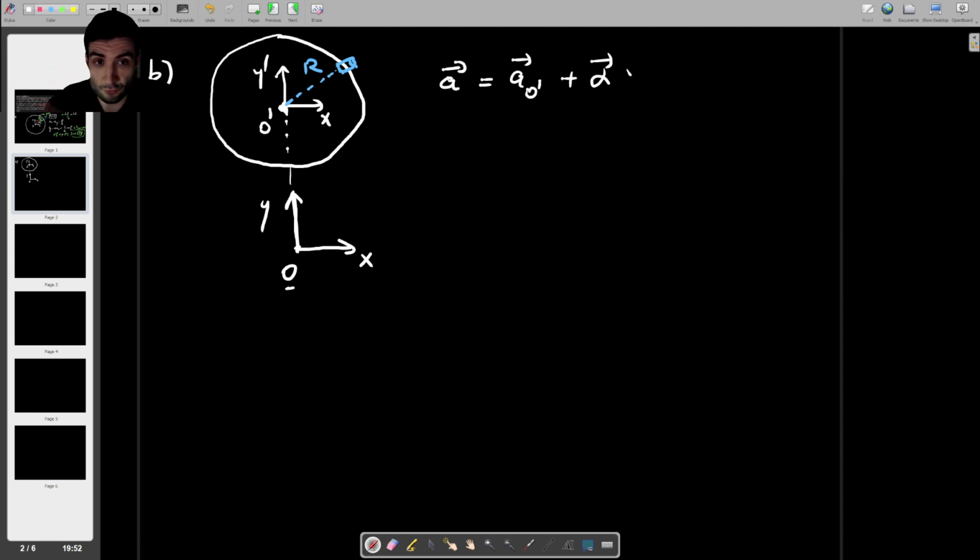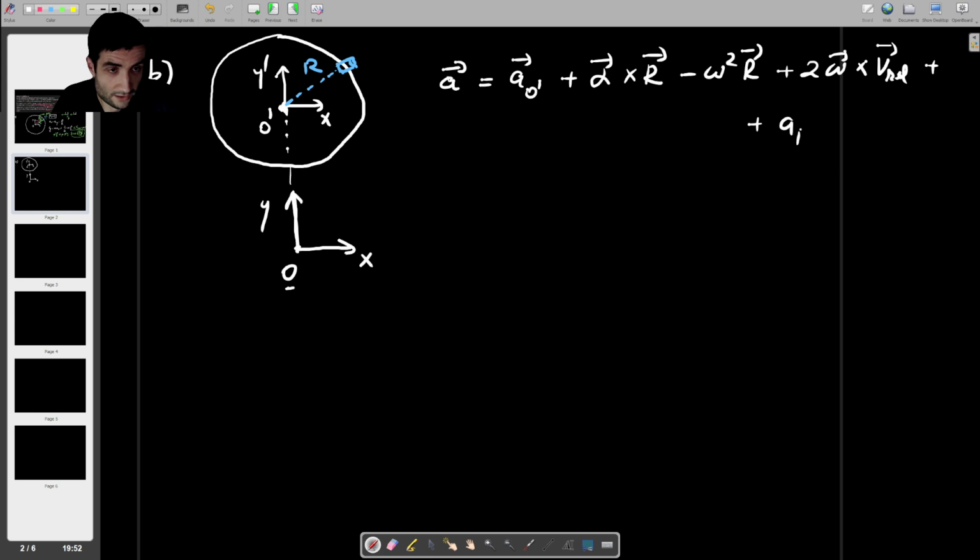So I'm going to use the full formula for now. I have this. We also had this. We also had the Coriolis acceleration, which is this cross product with the relative velocity, plus the relative acceleration.